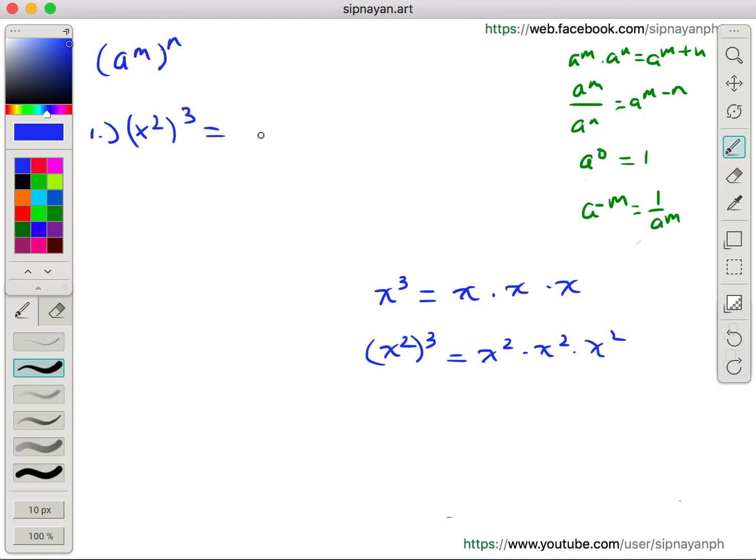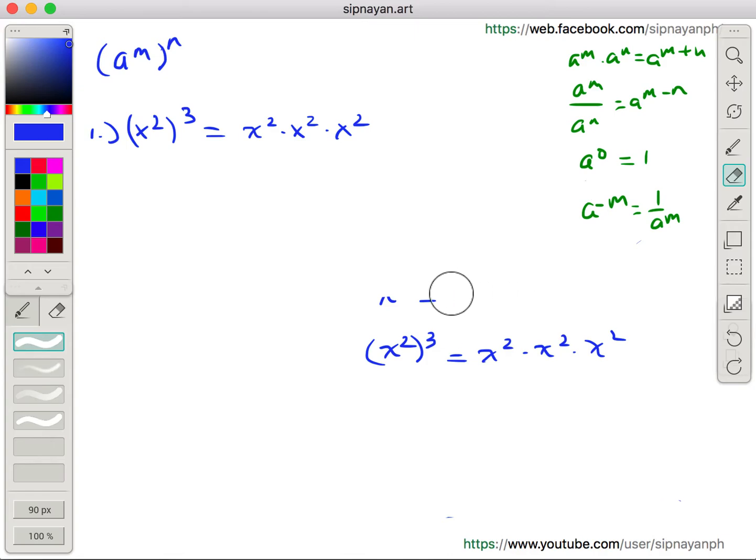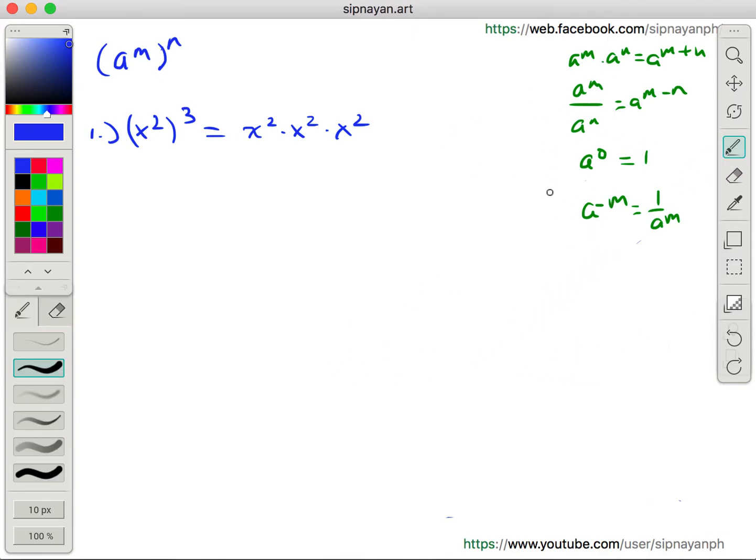X squared cubed equals x squared times x squared times x squared. But from the first law of exponent, yung una natin pinag-aralan, if we have the same base, we add the exponent. Same base tayo, x. Exponent natin tatlong 2. So, x raised to the 2 plus 2 plus 2, which is equal to x to the 6th. So, x squared cubed is actually equal to x to the 6th.